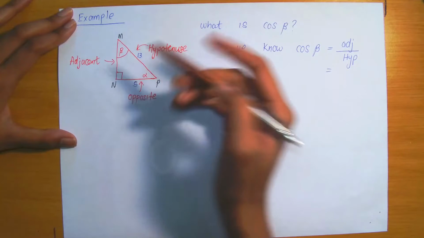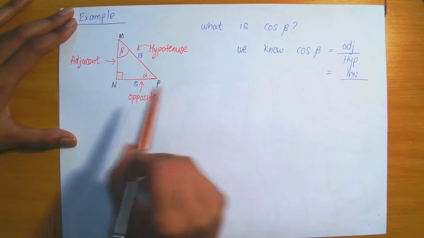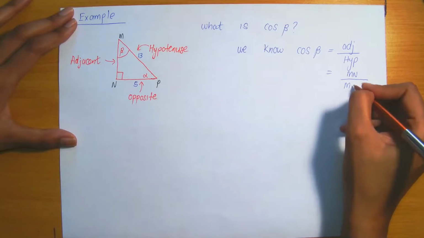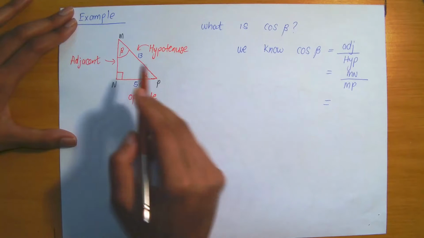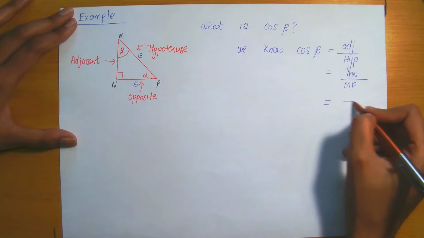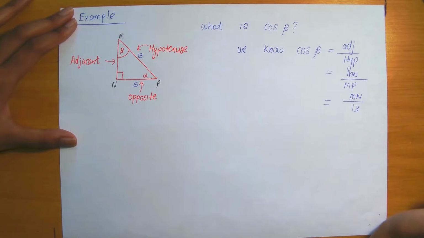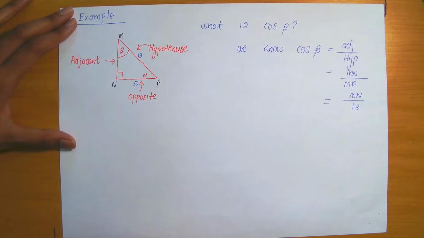The adjacent side is labeled MN, and the hypotenuse is labeled MP. So we need the ratio MN divided by MP. That's what we need to solve. Observe that we do have the length of the side MP. We know that it's 13, but we do not know what MN is. So we need to now solve for the length of the adjacent side.